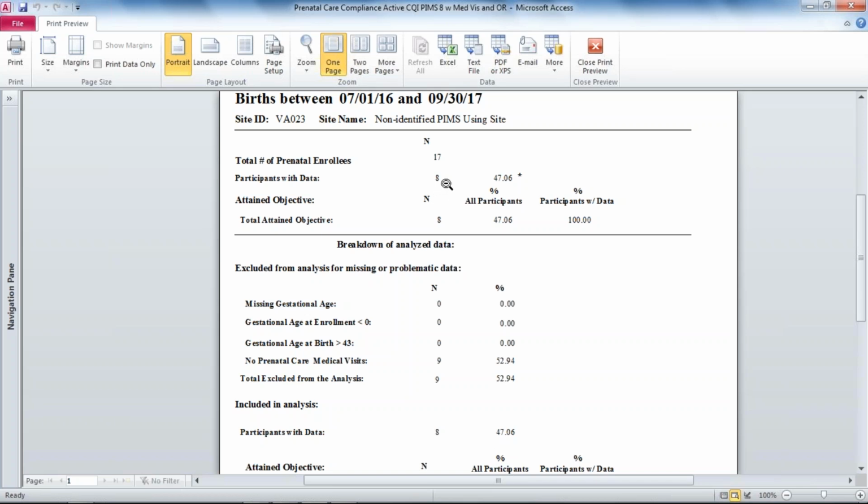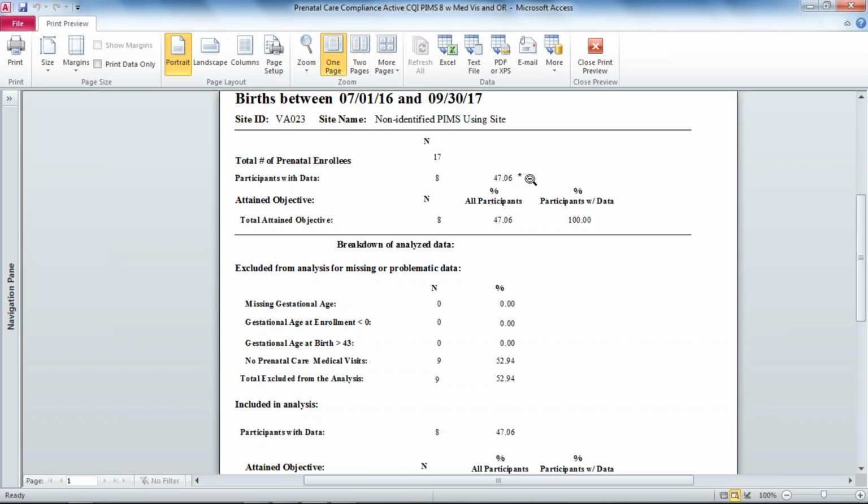8 of those had data. That's 47.06% of the 17. There's a note at the bottom of the page that says that if this number is less than 80%, you do not have a very good estimate of your actual population's prenatal care compliance because you have too few people.